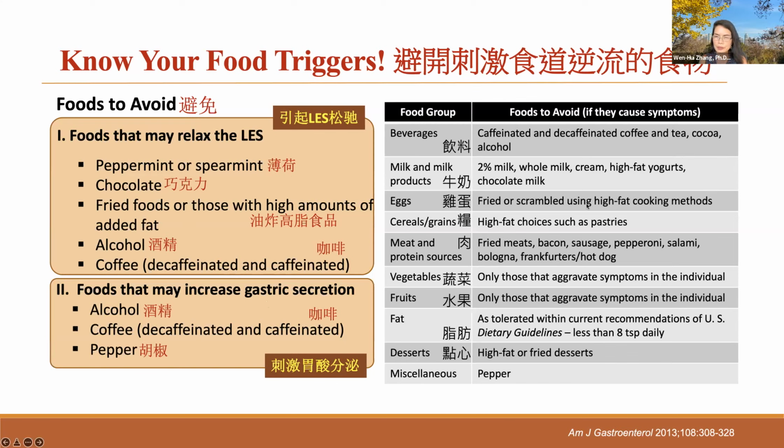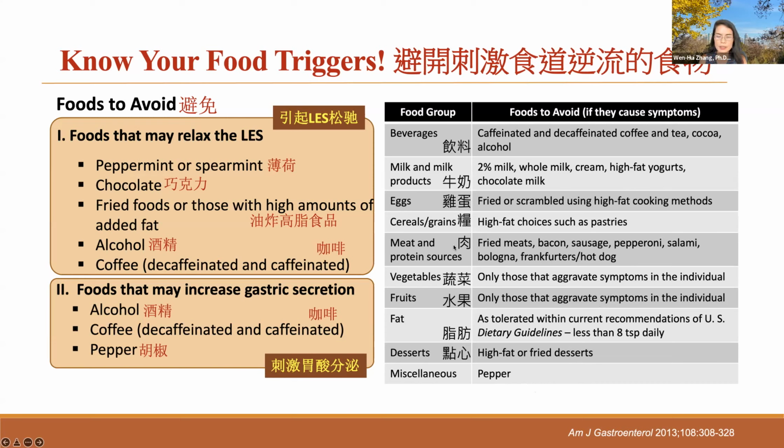The foods on the right-hand side could be triggers, but not necessarily. Each individual is different. They just could cause acid reflux symptoms in some individuals. So when people experience acid reflux, they need to write down what they eat and pay attention to the symptoms.